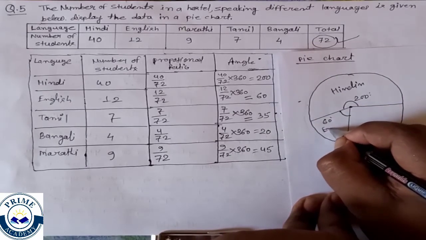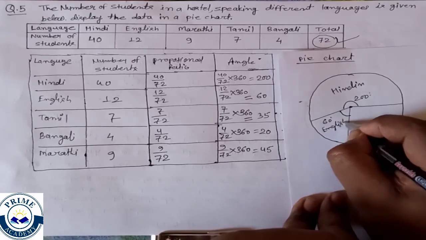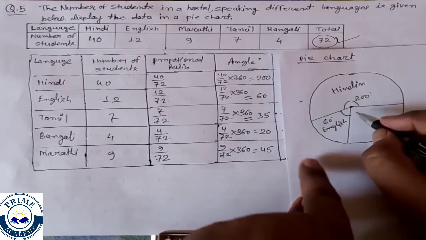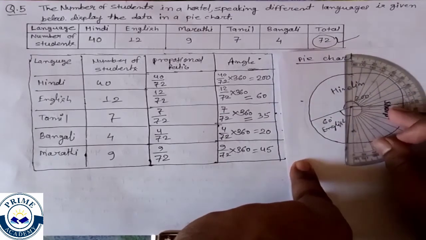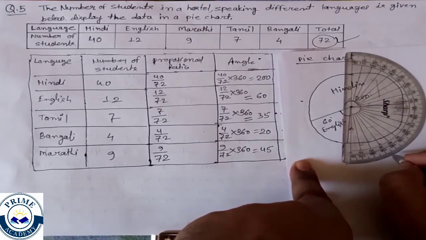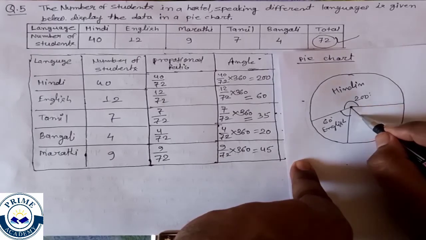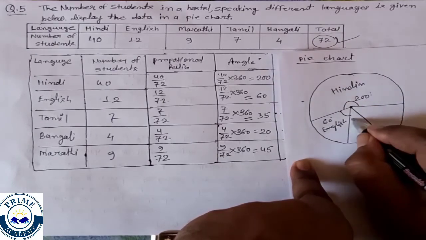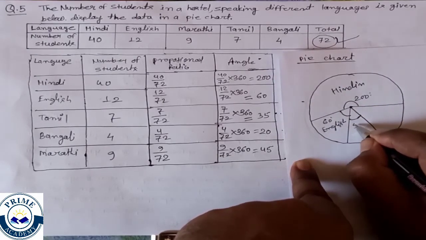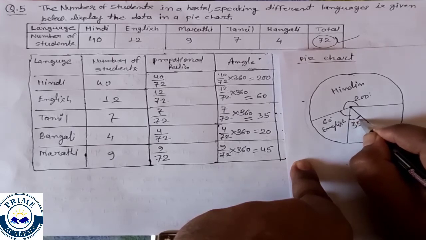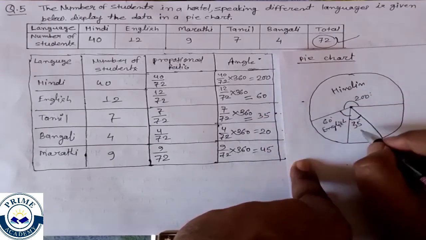English, 60 for English. Similarly for 35, you again keep the protractor over here, mark 35 over here, right? And make it, you will get this is 35 degrees. This is 35 degrees for what? That is Tamil.